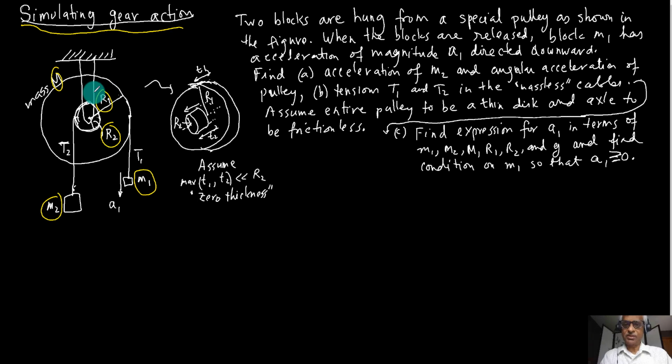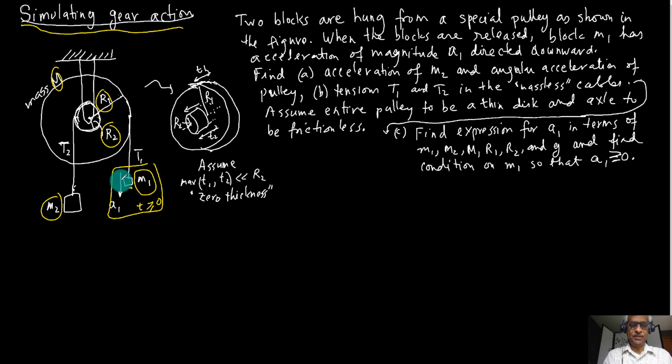So first, maybe when you hang it, you just support it for a while, and at t equal to 0 you let go. When you let go, you find that this happens at t greater than 0.